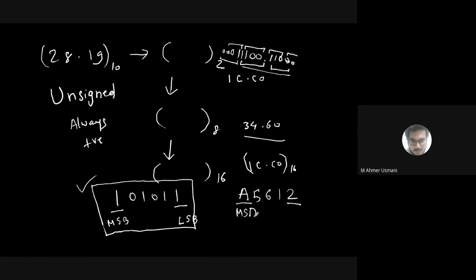They will be called MSD and LSD. The full form is most significant digit, and the other is the least significant digit. In terms of binary, when the number system is binary, it is called MSB and LSB. MSB stands for most significant bit, and the last bit is the least significant bit.